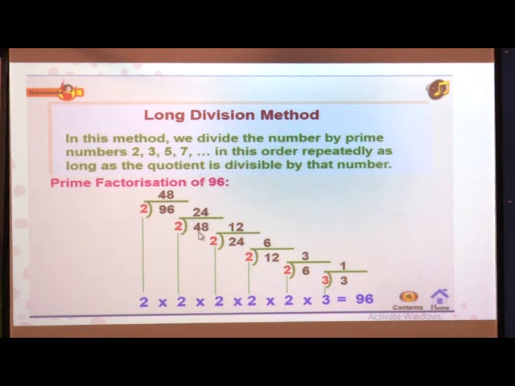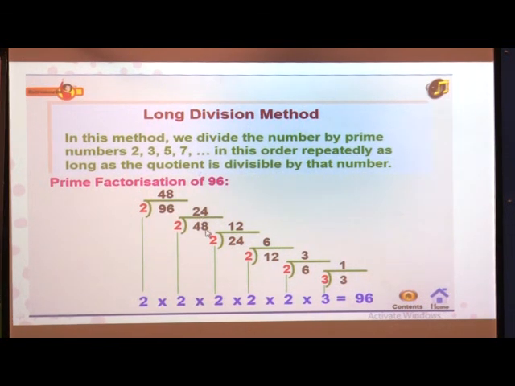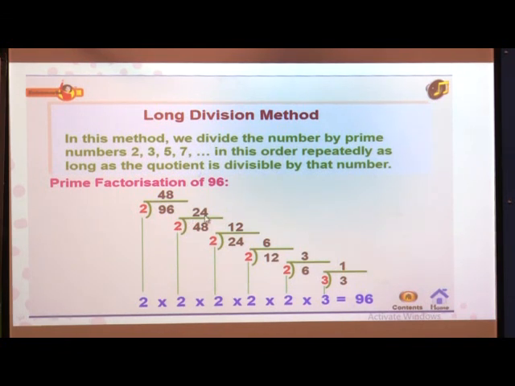We have to take 48 and divide it again. Let us take 2 again because 48 is divisible by 2. 2 2s are 4 and 2 4s are 8. Now, this 24 we are going to divide again. 2 1s are 2 and 2 2s are 4.